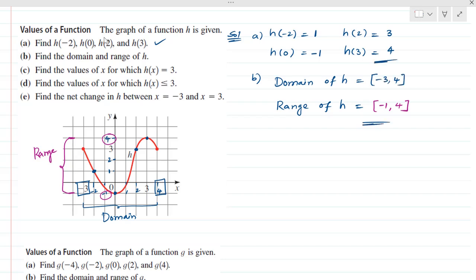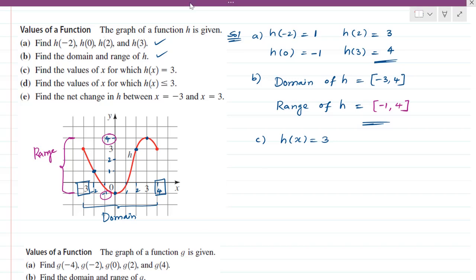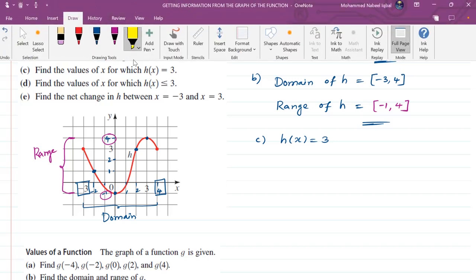Done. Next, find the value of x for h equals 3. At what point is h equal to 3? So h of x equals 3, and we have to find the value of x. Just go through the 3. Where is the 3 here?